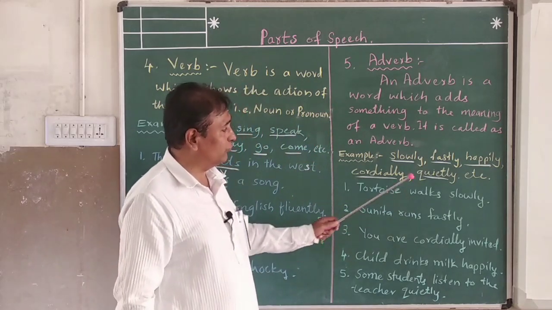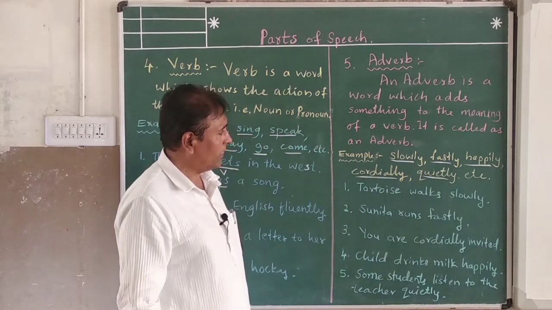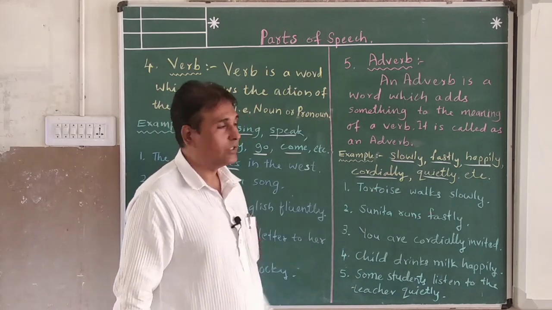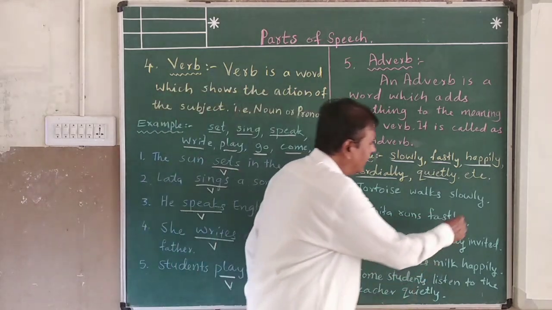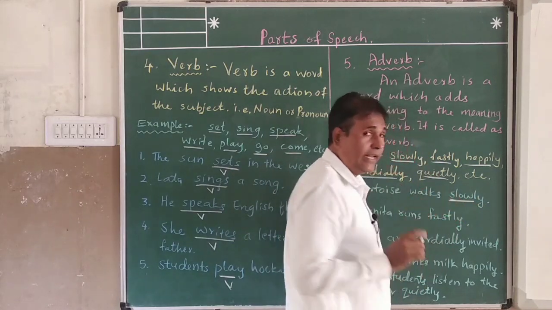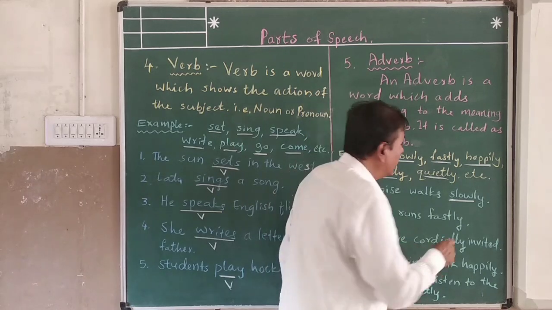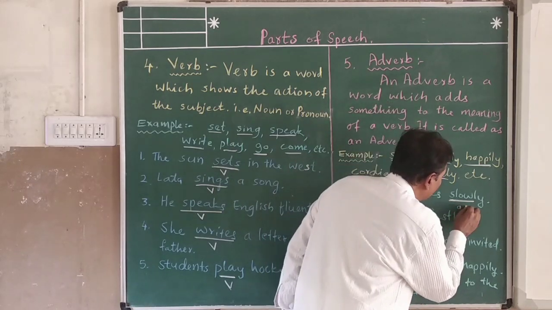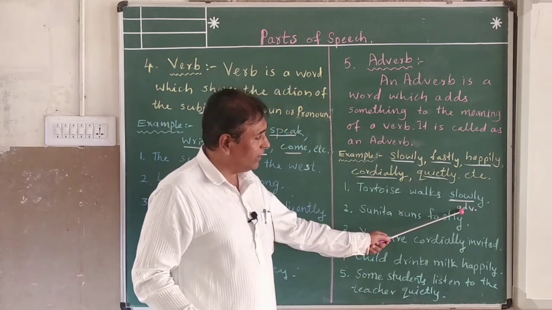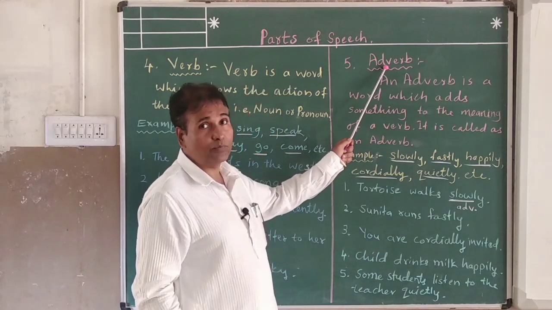In the first sentence, what is the word? Slowly. So it is called an adverb. Now after underlining, write down below ADV. ADV means adverb, the short form.